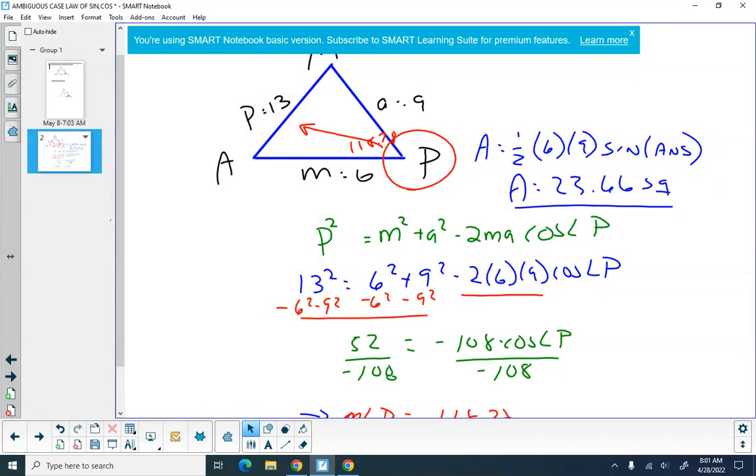Today we're going to use the law of sines and cosines to solve a problem. But there's another issue that we have with solving the problem. Everything we do today deals with still law of sines and cosines. We have a triangle.